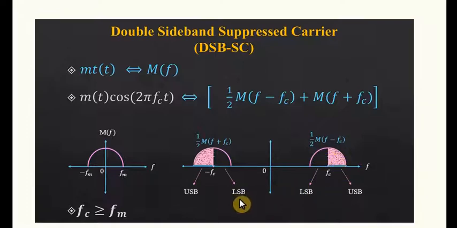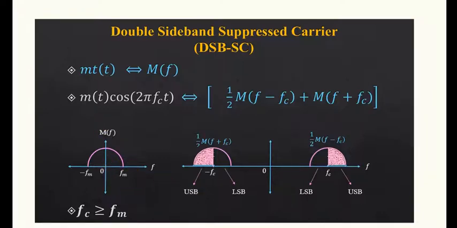As in AM modulation, in double sideband suppressed carrier the carrier frequency should be much greater than the message frequency Fm. We should maintain that Fc is much greater than Fm, where Fc is the carrier frequency and Fm is the maximum frequency component of the message signal.